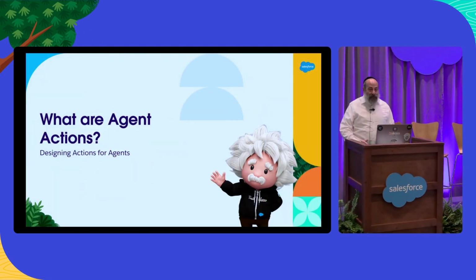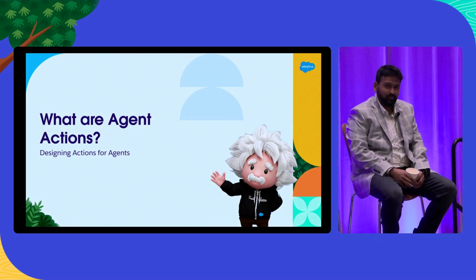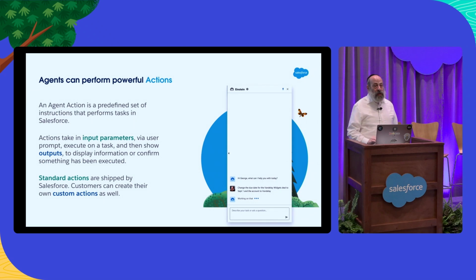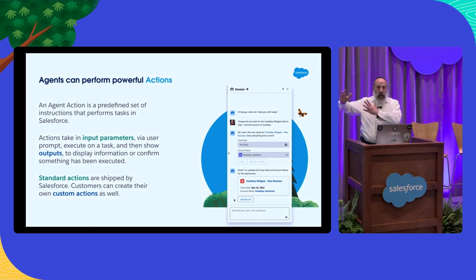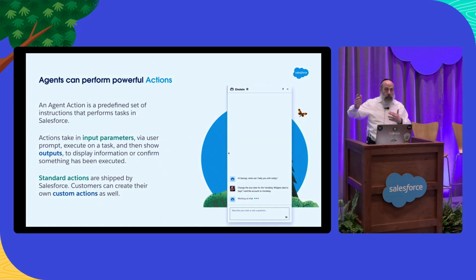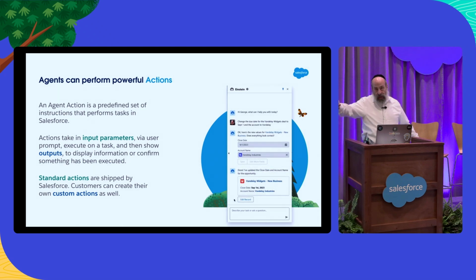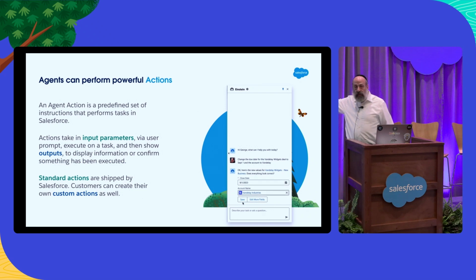So now that we have a baseline understanding of Agentforce, what are agent actions? You can think of agent actions as a structured way to interact with Agentforce through that right side panel, whereby I can now provide one or more inputs to my agent. At least one input would typically be that describe your task or ask a question box at the bottom.